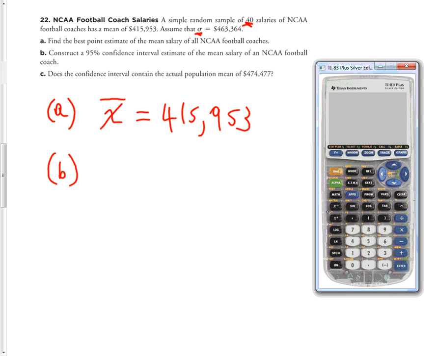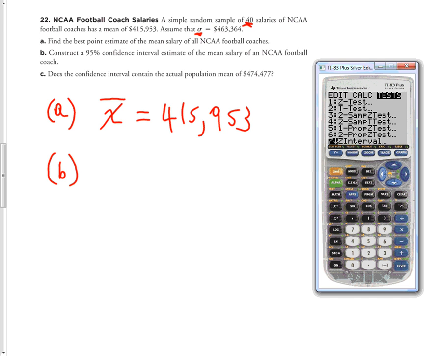We go to Stat, and under Stat we go over to Tests. There are a bunch of tests here. When we were doing proportions, we did a one prop z int. Now we're going to do number 7, the z interval.